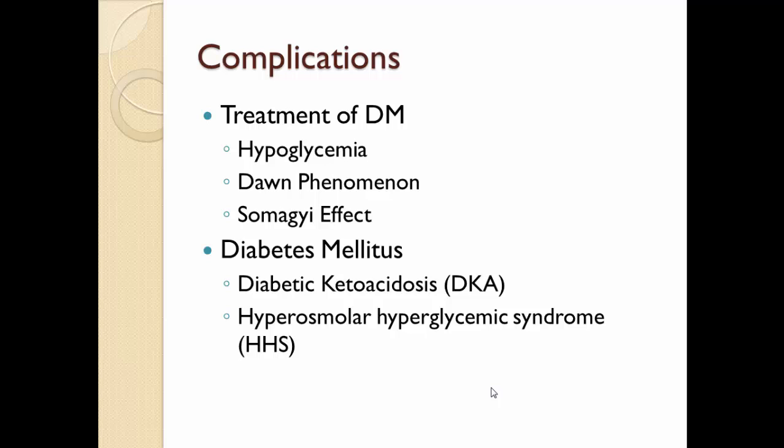All right. Diabetic ketoacidosis and hyperosmolar hyperglycemic syndrome, DKA and HHS. Type 1s can only get DKA, whereas type 2s can get DKA, but more commonly get HHS. I hope that makes sense. So let's talk about DKA.